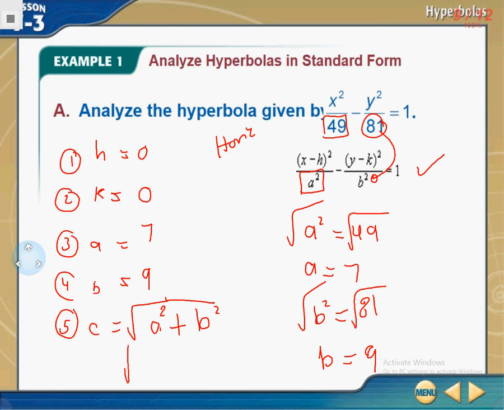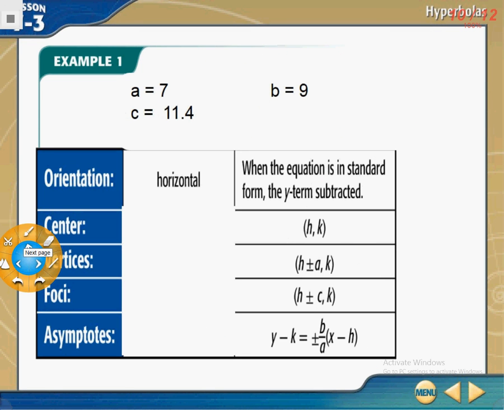So this means the square root of A squared, which is 49, plus B squared, which is 81. Under the square root, everything, the answer will be 11.4. So we found A equals 7, B equals 9, C equals 11.4.